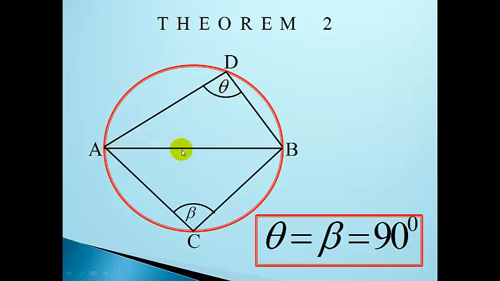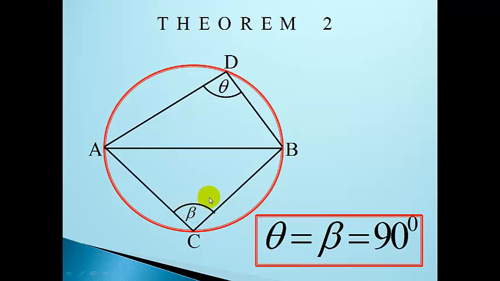Now if AB is the diameter of this circle, the angle that the diameter AB subtends at the point D is theta, and the angle that the diameter AB subtends at the point C is beta.